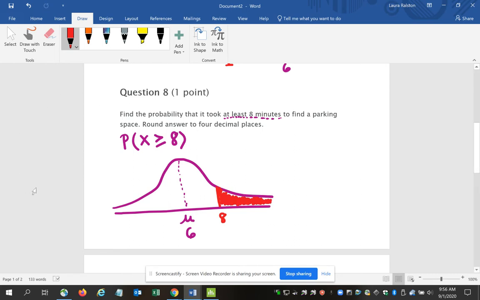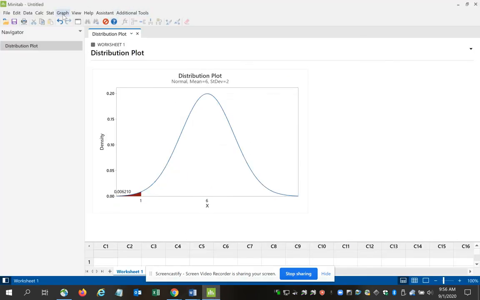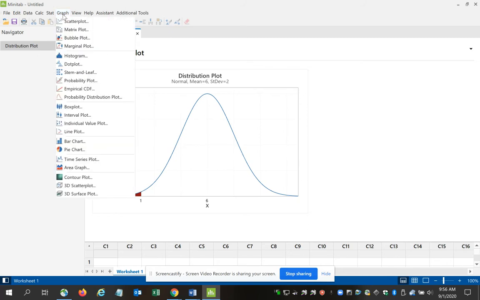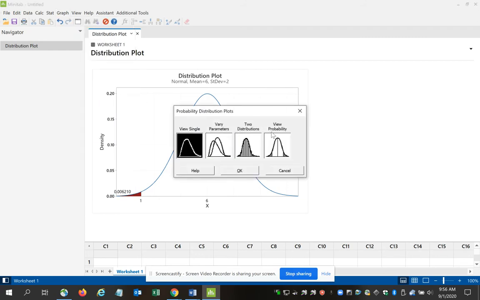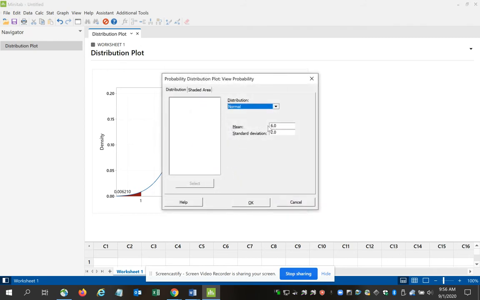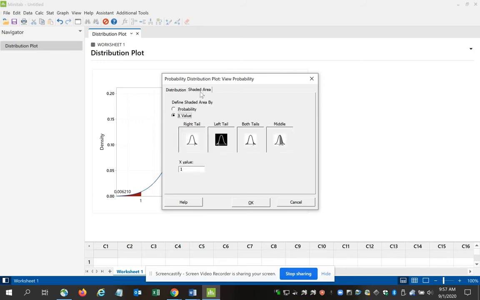Okay, so I'm going back to Minitab and start the process over. Again, we go to Graph, Probability Distribution, click. We want to view probability, tell it OK. It is a normal distribution with a mean of 6, standard deviation of 2, shaded area. Now again, I'm doing it by the X value.